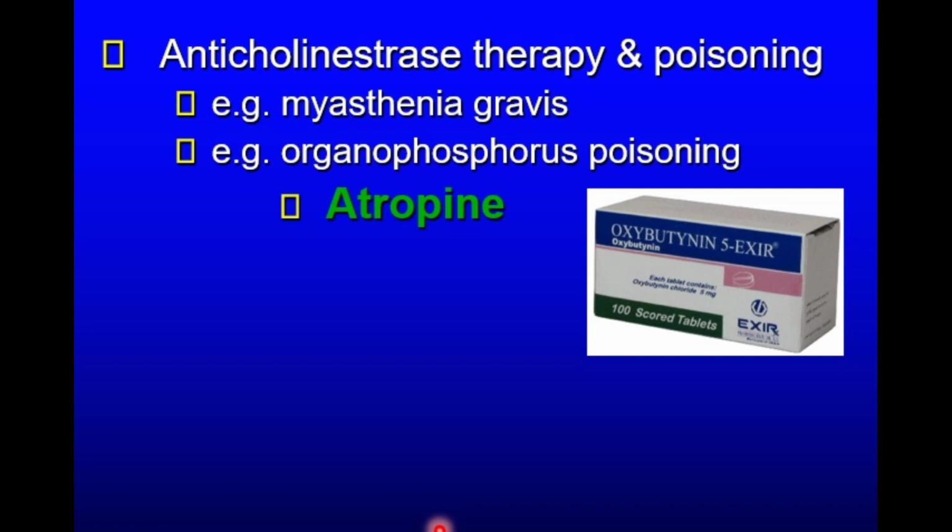Atropine is also used for protection against undesired effects of anticholinesterase agents during anticholinesterase therapy in myasthenia gravis, or poisoning with organophosphorus agents, as explained in the previous lecture.